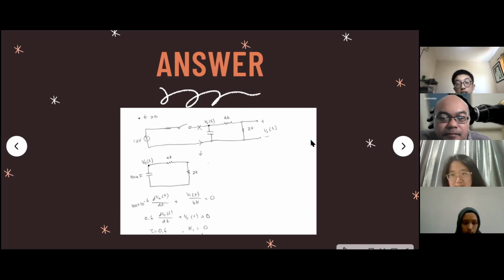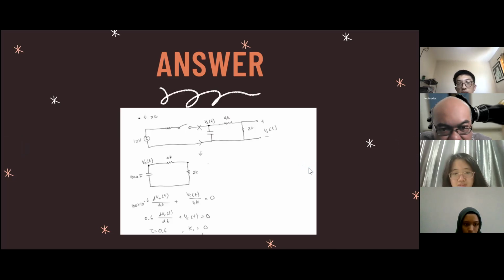At VC(t), the current will be going from the capacitor, and one will be going to the resistor. So 100 times 10 to the power of -6 times dVc/dt, which is basically the capacitance equation for current, plus VC(t) divided by the total resistance, 6K, equals 0, because we don't have any forcing function.